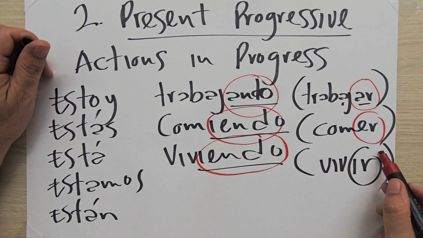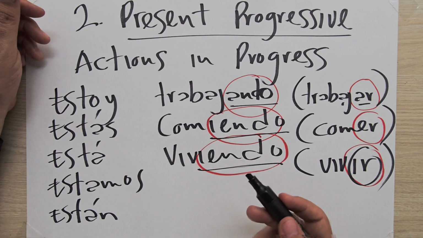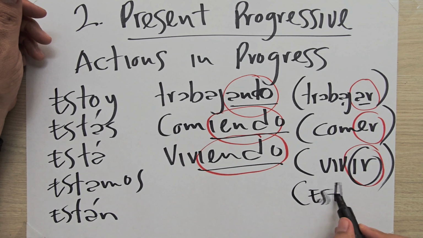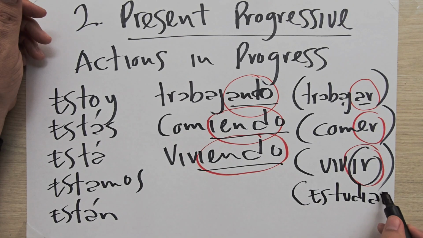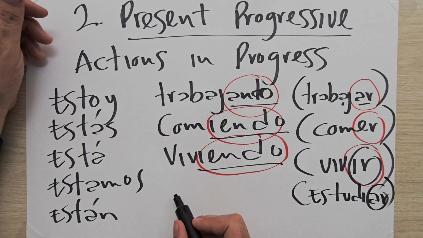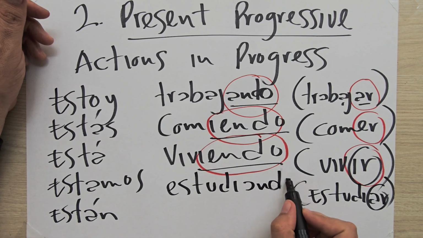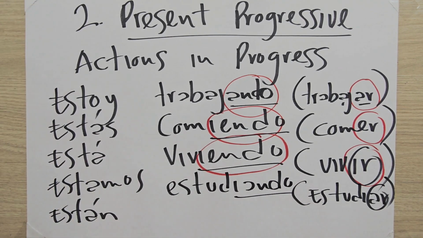Viviendo, vivir. Another verb, estudiar, to study. Ends in AR, so you say estudiando, studying.